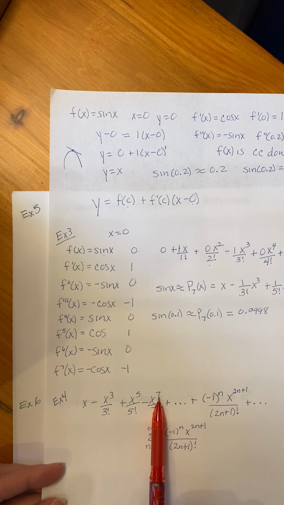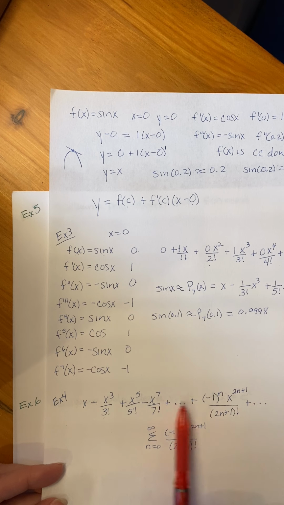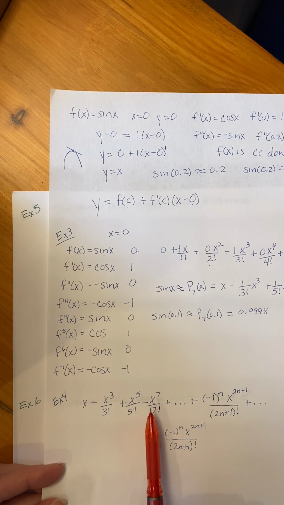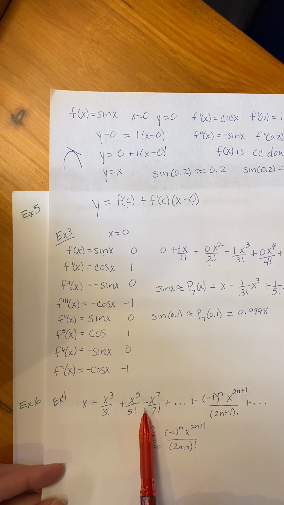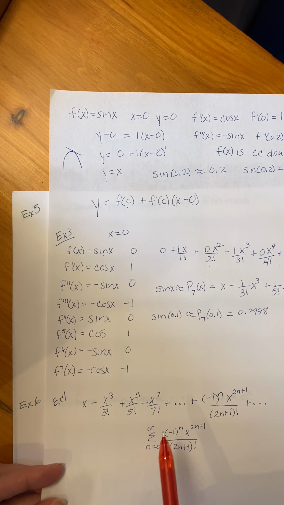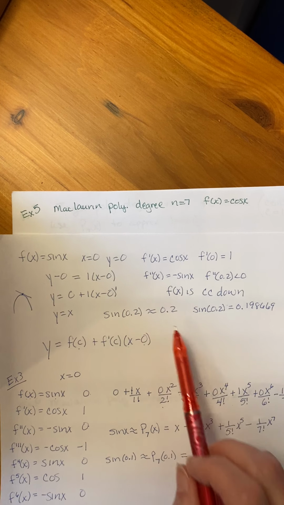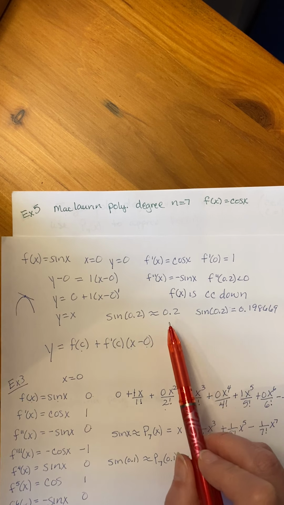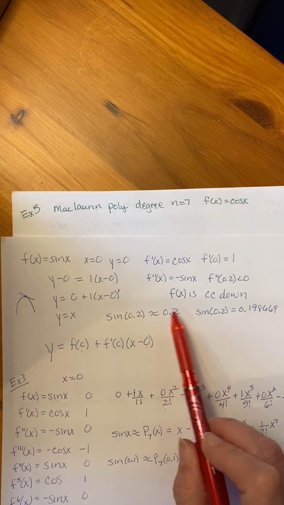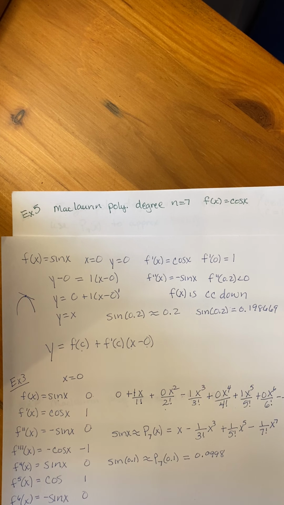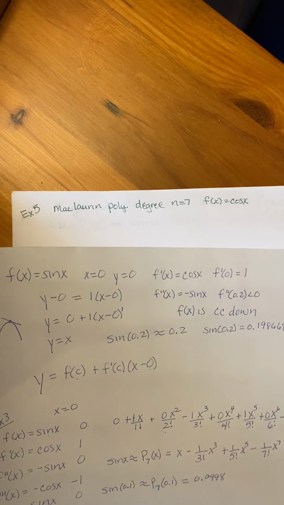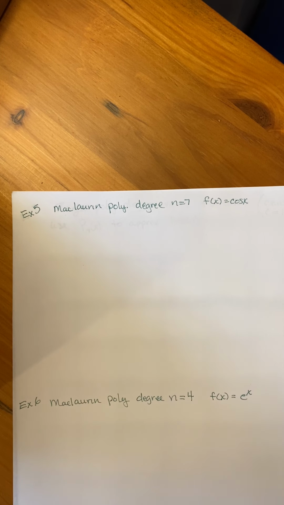The higher the degree we go, clearly this could go to infinity, but that would take a minute, the more accurate our prediction of the actual sine curve is. And now remember, we predicted sine of 0.2, because that was close to 0, the center that we were using. So that's important, that your prediction is only going to be as good as you are close to the center of what you're doing.